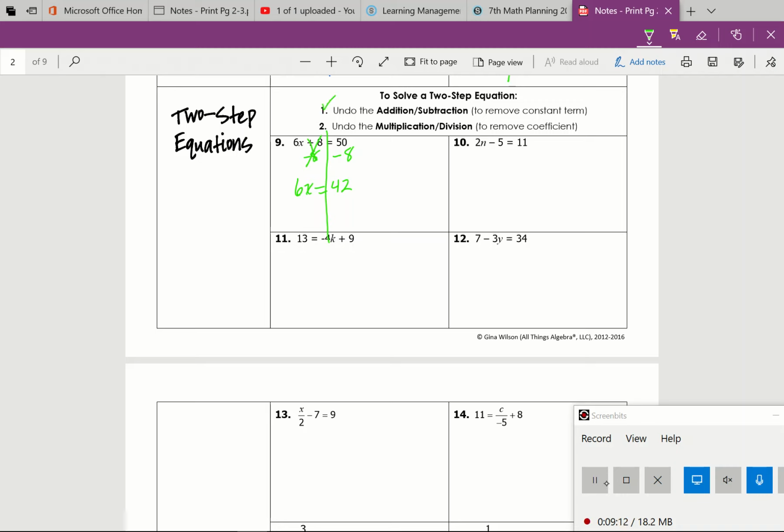Step 2 is to undo the multiplication or division. So I'm going to divide by 6. These cancel out, and I'm left with x equals 7. Not too bad, right? Just backwards of GEMDAS. You're going to do the addition and subtraction first.